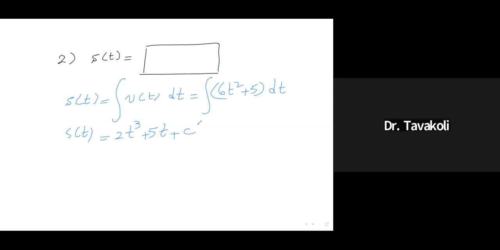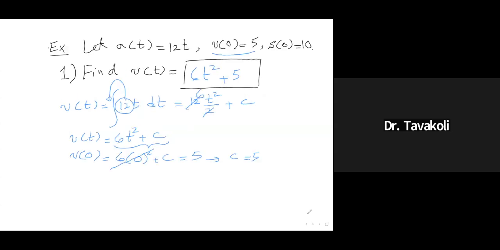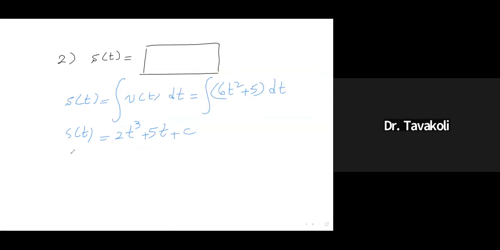Do we have enough information to find out what c is? Let's see. S of 0 is 10. Yes, we have that information here. But before setting this equal to 10, remember that what we got for S of t is this equation.